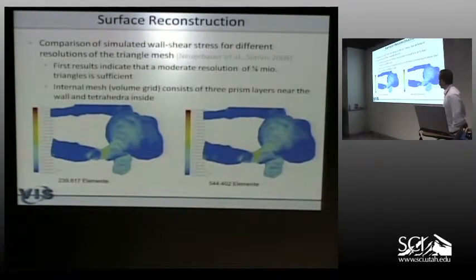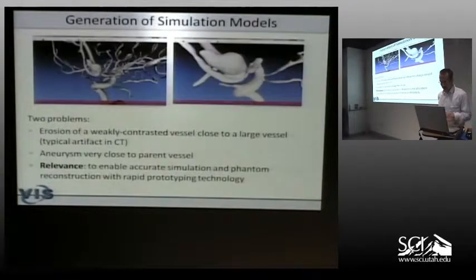We also have done some experiments about the triangle complexity, which is necessary. It was a bit surprising to us that the difference between these two resolutions was that small. So in most of our cases, we generate models with approximately 250,000 triangles, and this leads to 2 million tetrahedra or prisms and tetrahedras in the internal simulations.